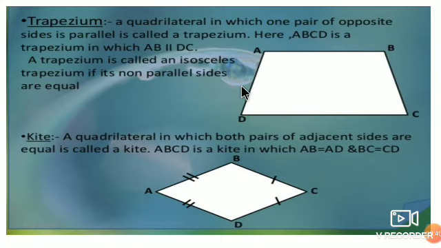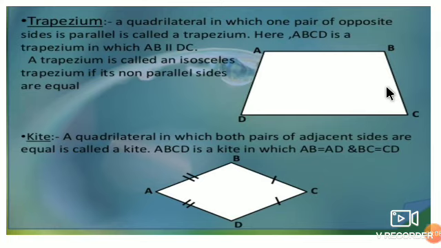There is one more type of trapezium, that is the isosceles trapezium. So what is meant by isosceles trapezium? This is an isosceles trapezium. Its non-parallel opposite sides are equal in length. So when the non-parallel sides of a trapezium are equal in length, then that trapezium is called an isosceles trapezium.